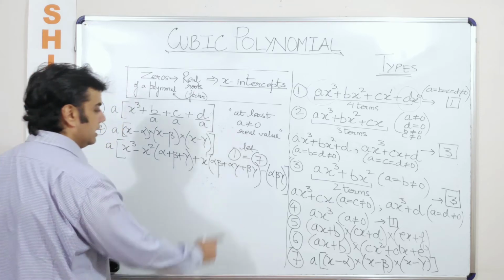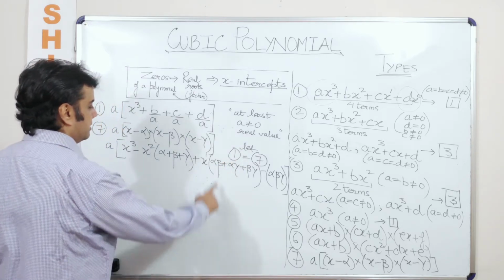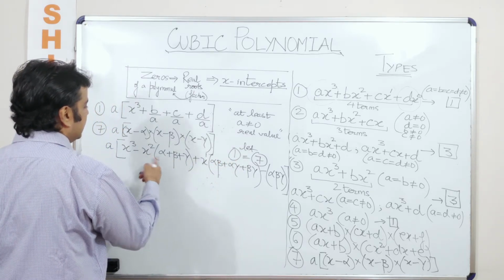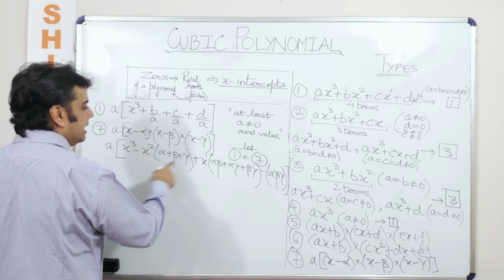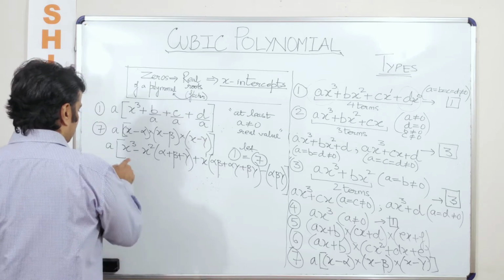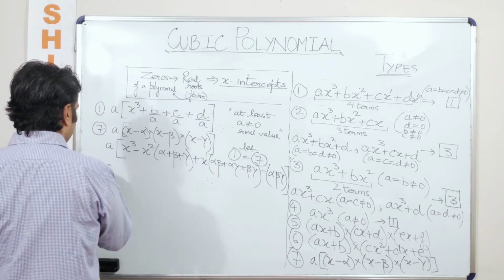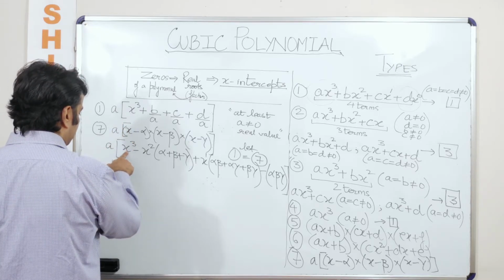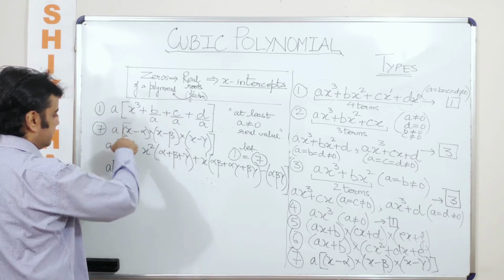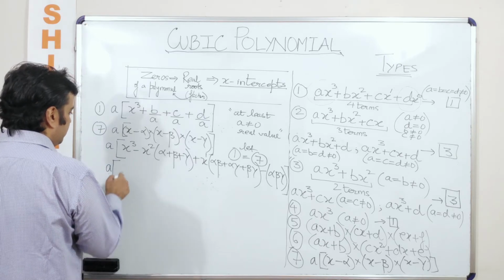So when I equate this, what will I get? That is something that needs to be ascertained. Eventually you get an equation like a times, so now this a x cube gets cancelled out, and then you'll be getting what?